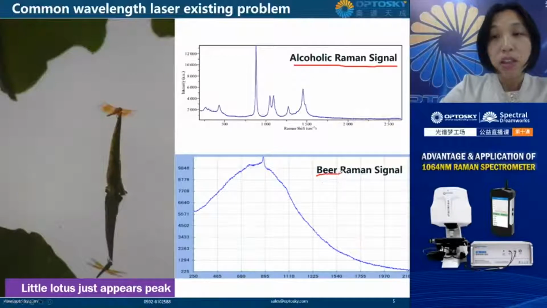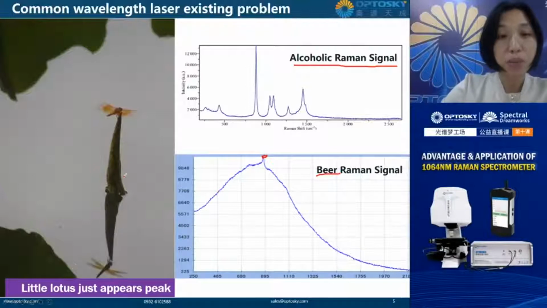However, beer is composed of alcohol, but if you use the Raman spectrometer to identify it, you can see it has only a small peak, whereas other peaks are hidden. That's because a strong fluorescence hides the other peaks. So we express this phenomenon as the spectrum just appearing as a little peak, and the other peaks are hidden.